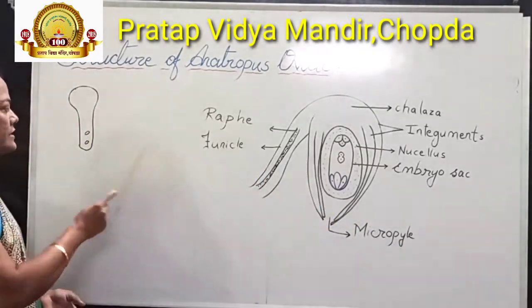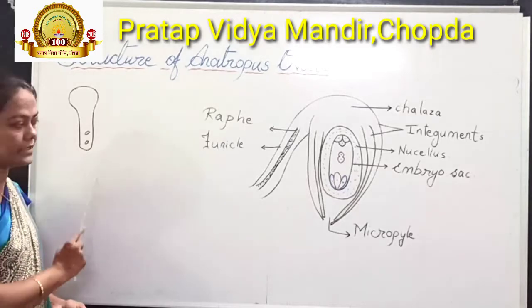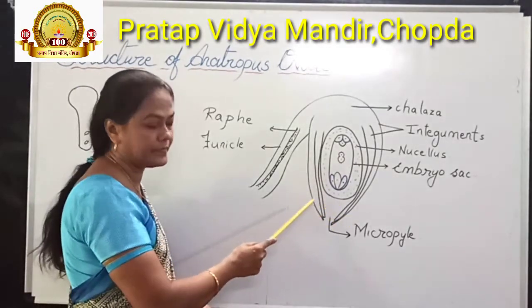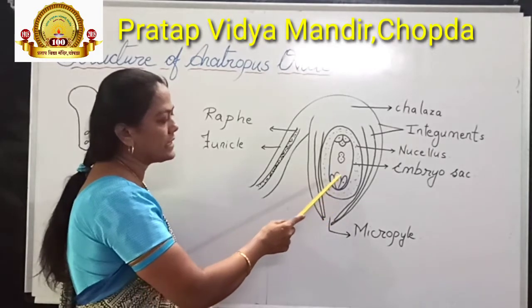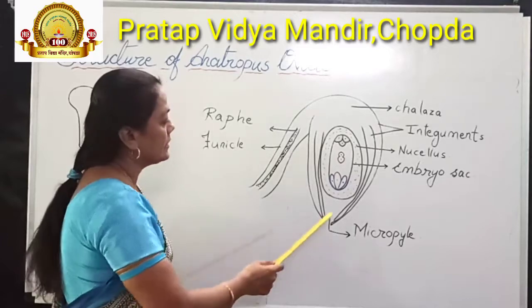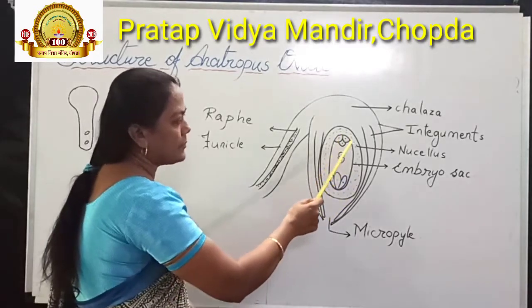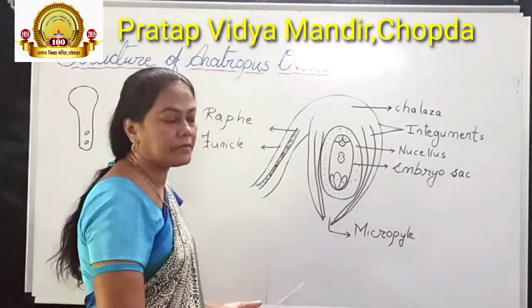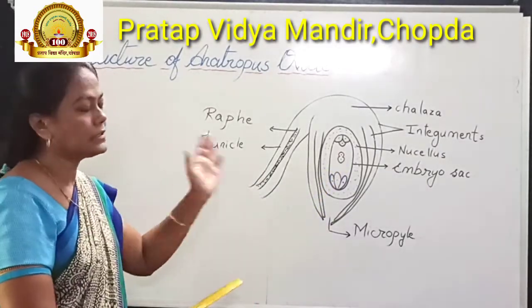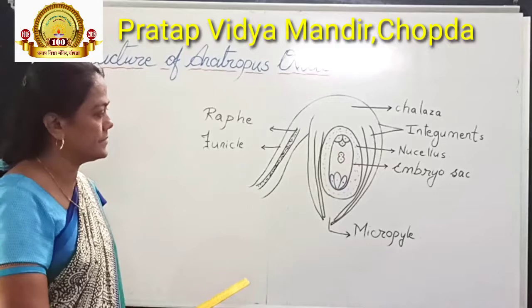The pollen tube will carry two male gametes. This micropyle will allow the pollen tube to enter inside and then the two male gametes are released in the embryo sac. This embryo sac is nothing but the female gametophyte of the plant.